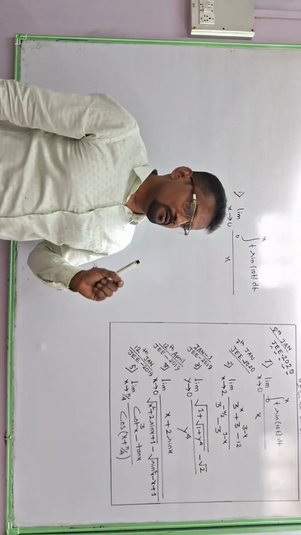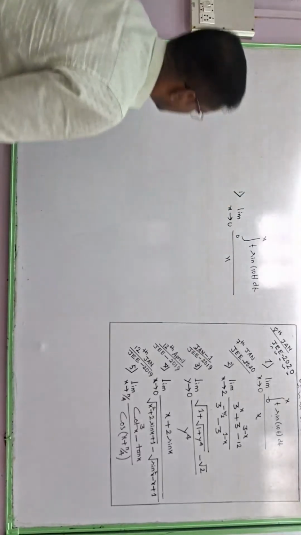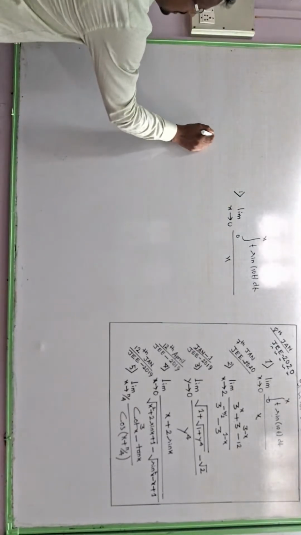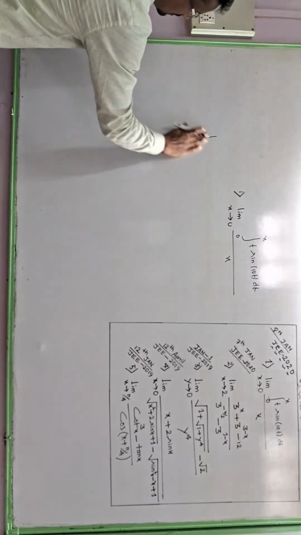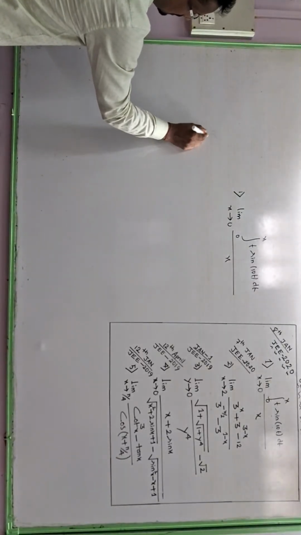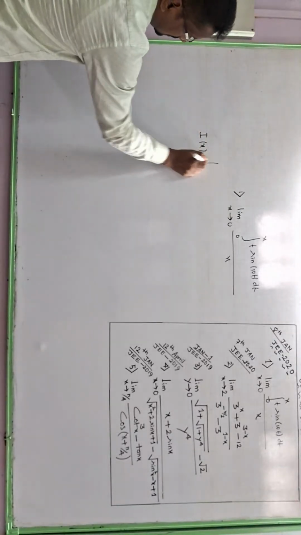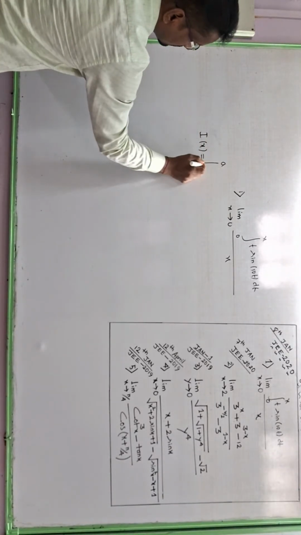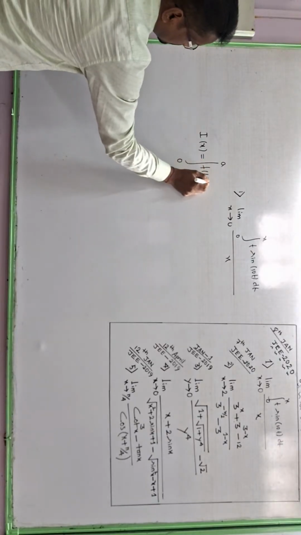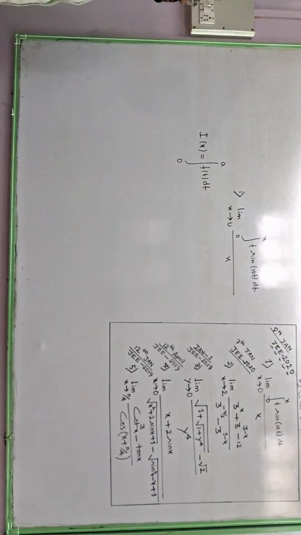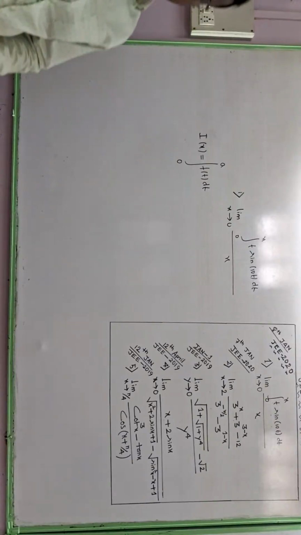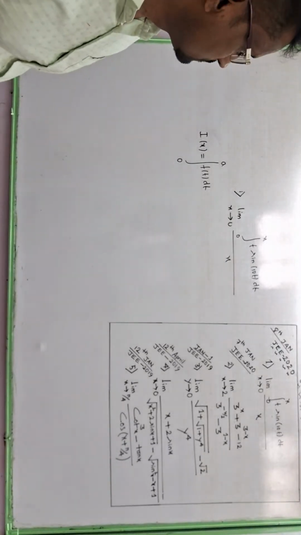So Newton-Leibniz rule states that if, let me consider some definite integral, say I(x) equals integration 0 to a of f of t dt. This is the most important rule we are going to use.